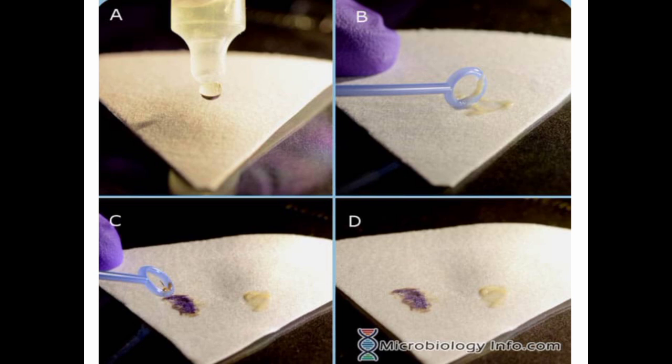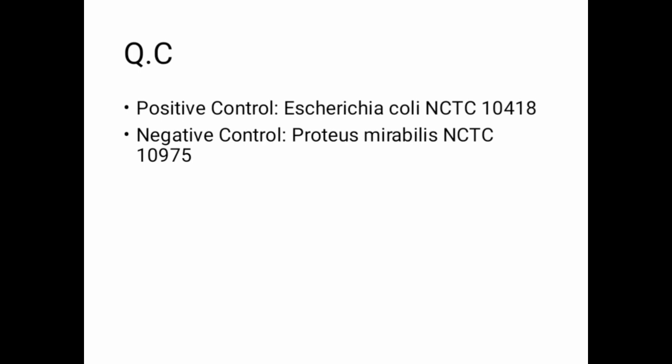Then we rub the colony or culture onto the spot reagent on the filter paper. If we find any color on the filter paper, the test is positive. If we do not find any color, the test is negative.